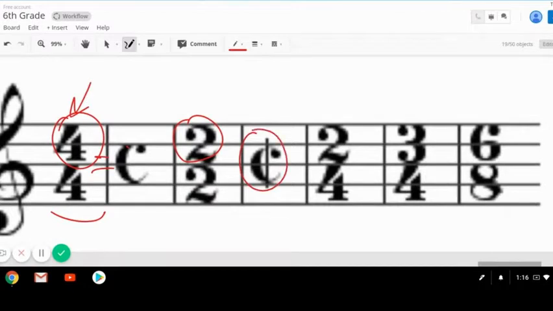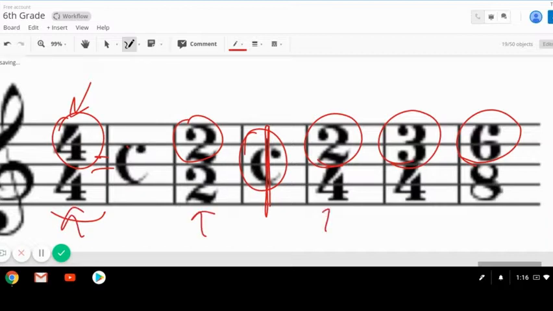Cut time we'll go into later with a little slash through it. This one's in 2/4, 2 beats per measure. This one's in 3/4, 3 beats per measure. This one's in 6/8, 6 beats per measure. Later we'll talk about the number below. It also has a meaning.